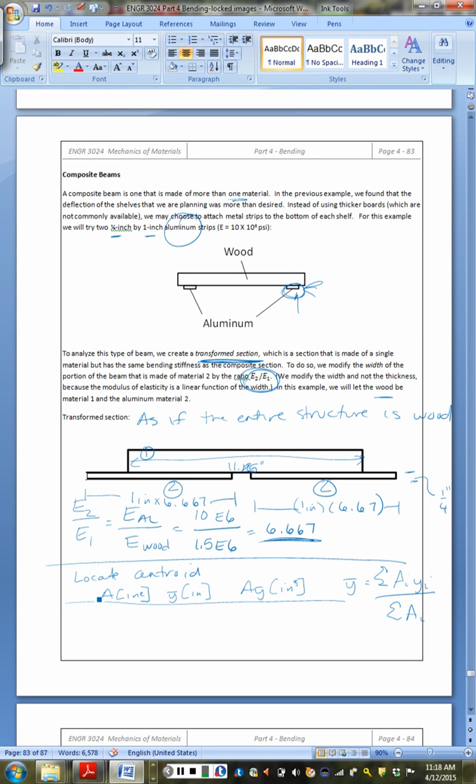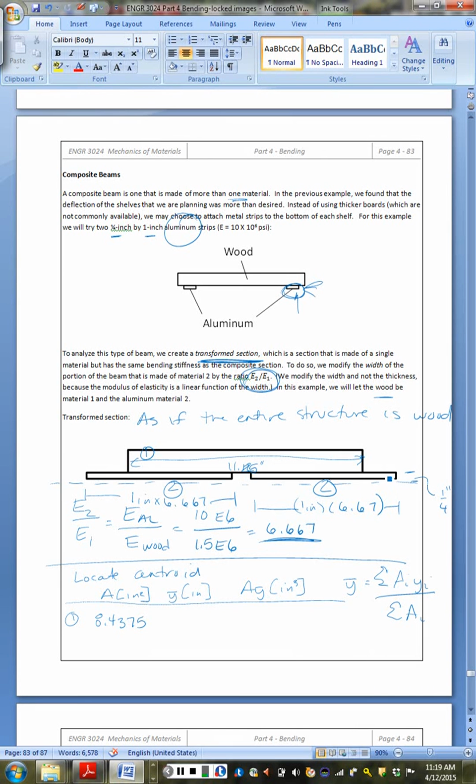So we have, for the original beam, area is 11 1/4 by 3/4, 8.4375. Its own distance from our reference datum, and we'll choose our reference datum at the bottom line.